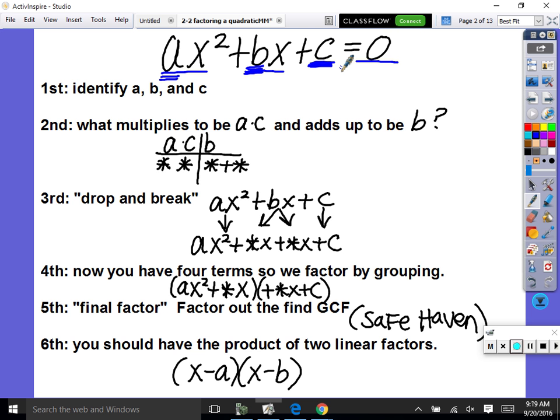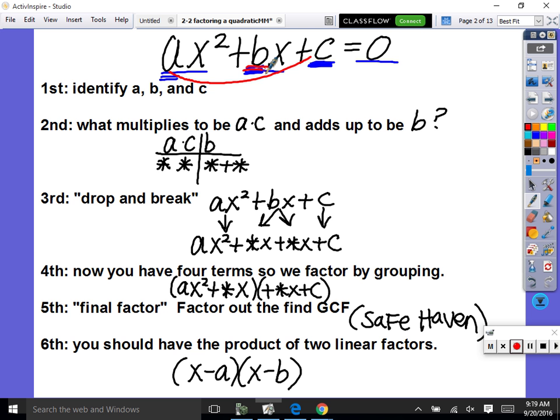Our second step is we're going to do what multiplies to be A times C. Once we figure out what A, B, and C are, we're going to do what multiplies to be A times C and adds up to be B. So we're going to do this little chart, and we're going to list out factors of A times C. So like 3 times 2 would be 6, correct, everybody?